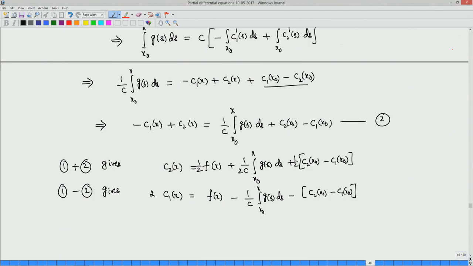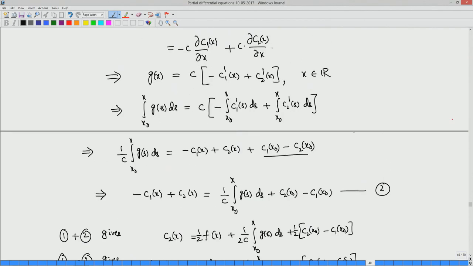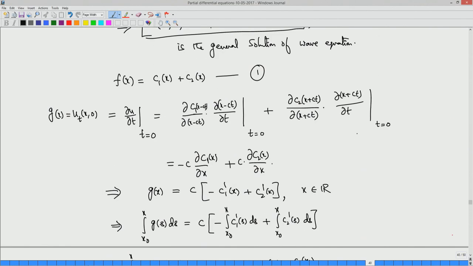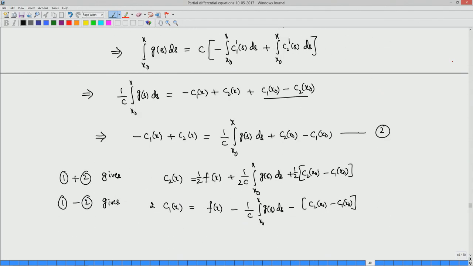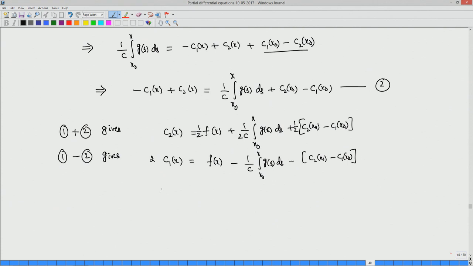This is what you get. If you simply do 1 minus 2, it is C1 plus C2 minus, plus, and this becomes 2 C1. So it is f of x minus this part. This is what you will get. Now again you divide by 2 on this side.